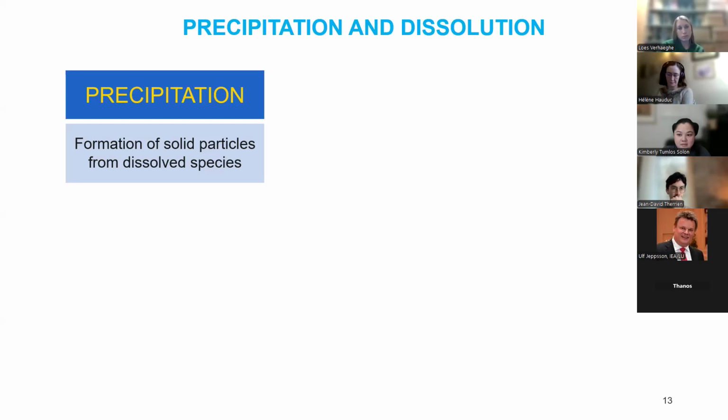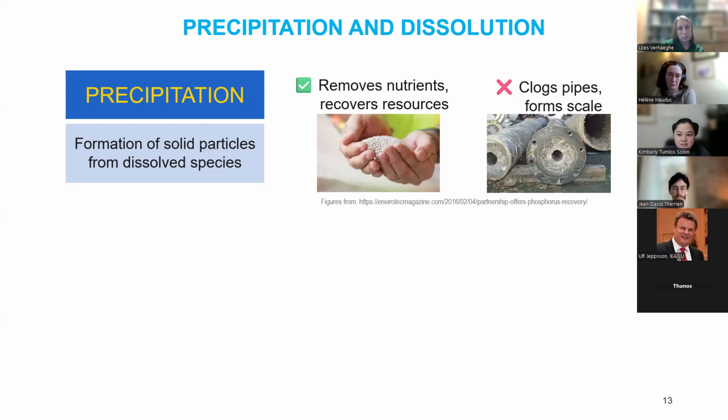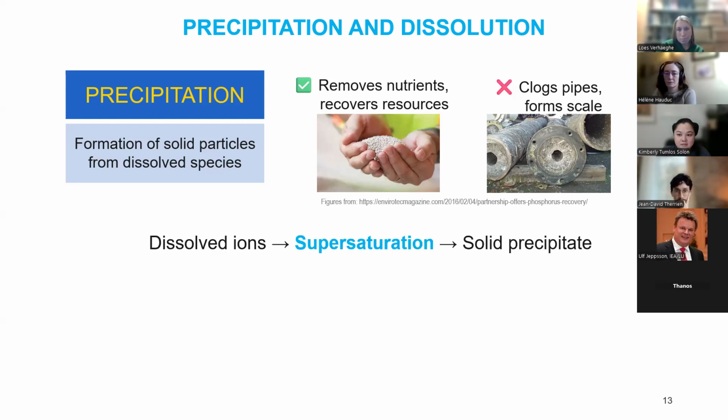Precipitation is both good and bad in the context of wastewater treatment. It can remove nutrients, so we can recover resources such as struvite. But precipitation can also cause cloggings in the pipes. It can form scales in the pipes. Now, when does precipitation occur?